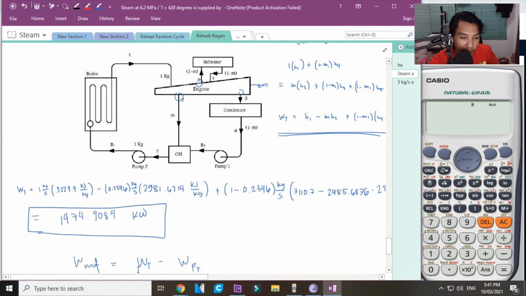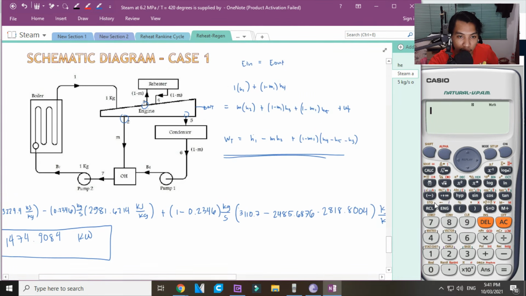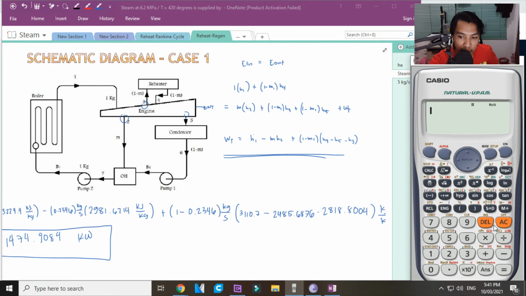I-recalculate natin. So, pumasok is 1. 3,224.4 plus 1 minus 0.2346. Baka nagkamali lang ako ng pindot dyan. Times H4. Asan na H4 ko? 3110.7.